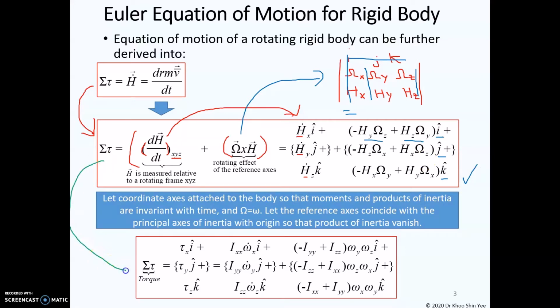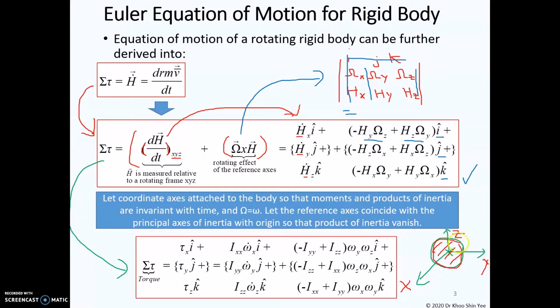You can further simplify the torque equation into this by attaching the axes to the rigid body at the three principal axes. Let this be the x, which is perpendicular to the plane of this thin disc. Let's say this is y and this is z.